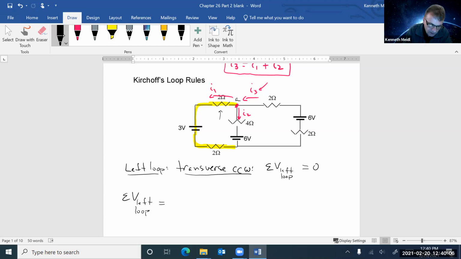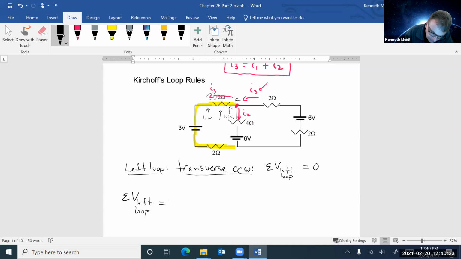Okay, so if I1 really is going in this direction, then on this side of the resistor, that's kind of high energy, because it's when you cross the resistors that the brakes are being put on you. And so this is low energy here. That's the low energy side of the resistor if the current really goes that way. So as I go across it in that direction, I've lost energy.